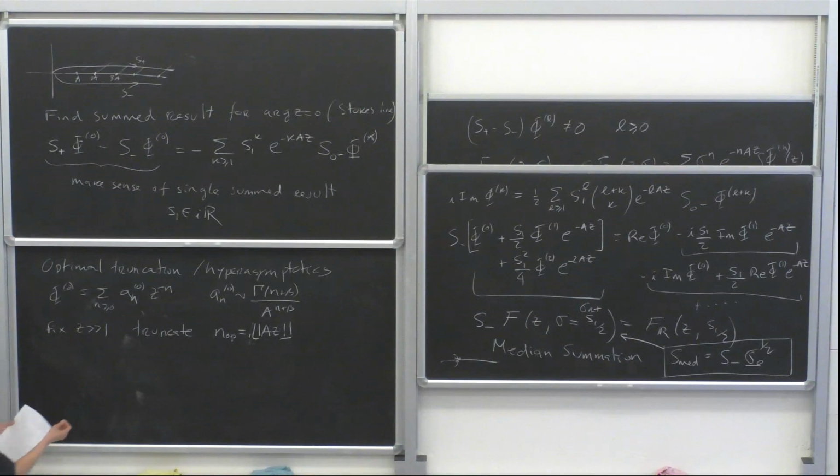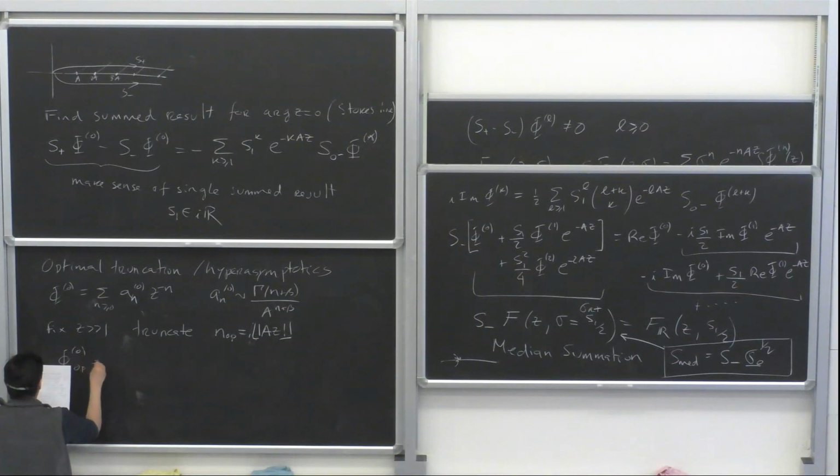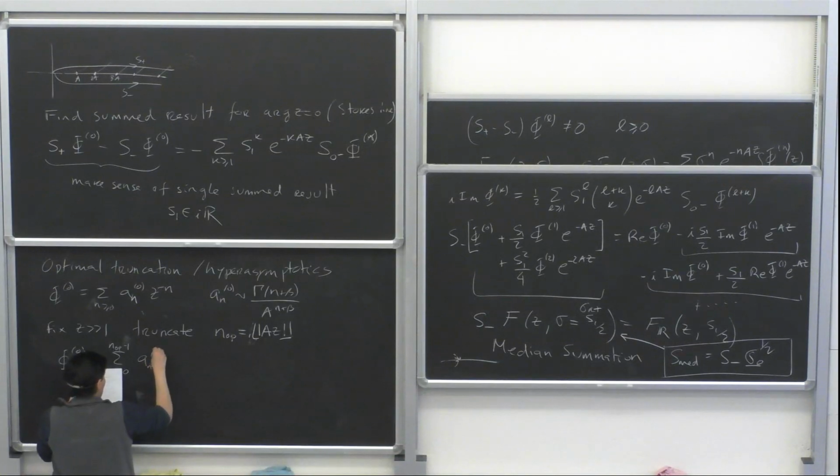So basically that means that I have my optimal value, the minimum error, which is given by this: sum n equals 0 to n optimal minus 1, a_n^0 z to the minus n.